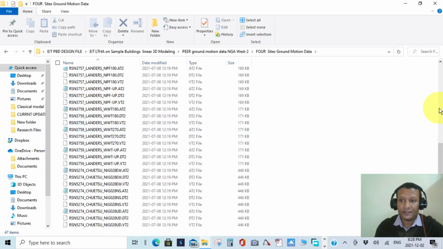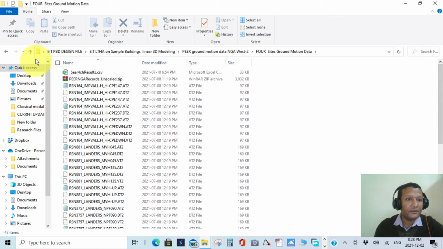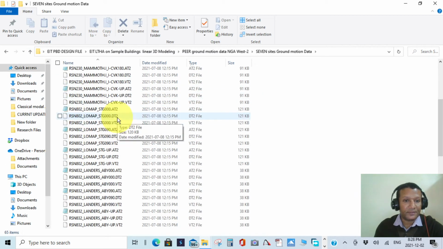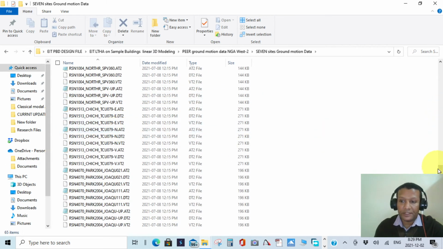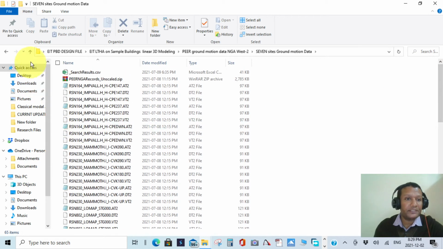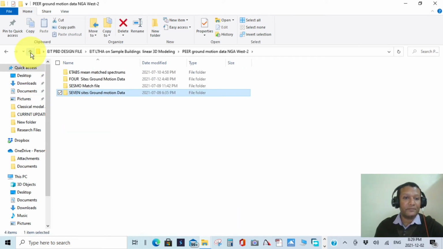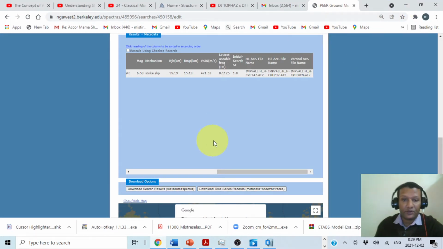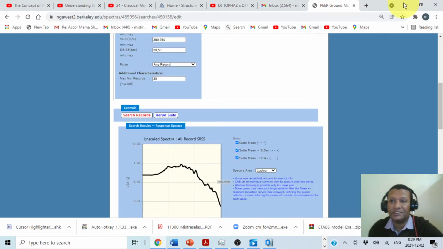These are the data I extracted already, and 7. This is 7. So we will use this data. We will scale it, and scaling and matching of this data we will do when we reach time history analysis. For now, this is a simple step just for demonstration.